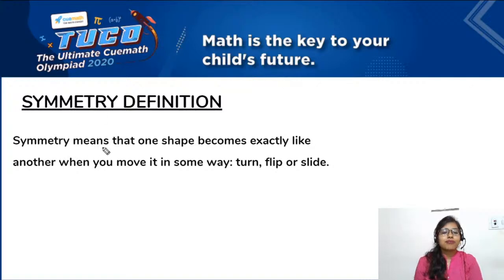Symmetry means that one shape becomes exactly like another when you move it in some way, either turn or flip or slide. As I told you, symmetry doesn't depend upon which side the figure is being turned to, or whether it is rotational, vertical, horizontal or diagonal.